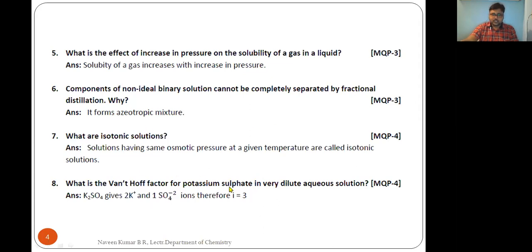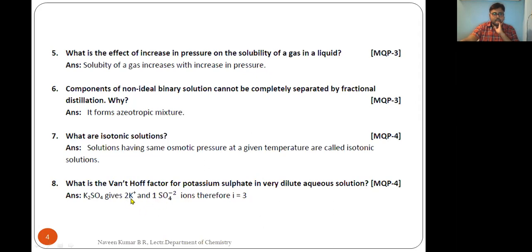After dissociation, you don't concentrate on their charge, you concentrate on their numbers. That is, the number of ions formed, the number of cations plus the number of anions, you try to observe. Now K2SO4, once it dissociates, produces 2K+ and 1 sulfate.